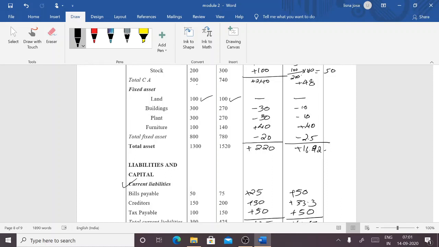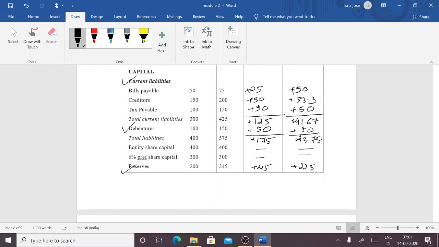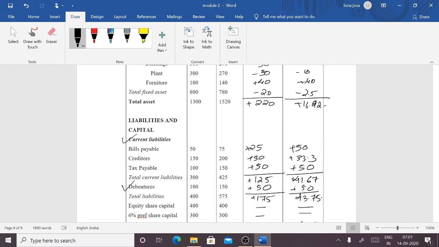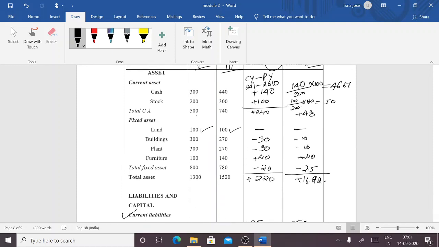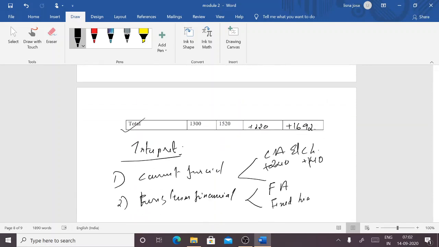From this we know that it is decreased, right? And at the same time the equity share capital, the long-term capital position, remains constant. But here the fixed asset position has declined. So we can say that the long-term financial position of the company needs some care. In that way we can interpret the long-term financial position of the company.